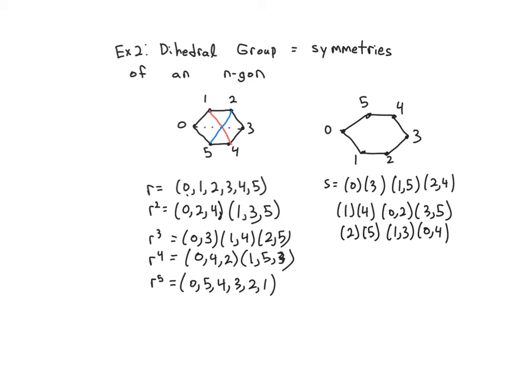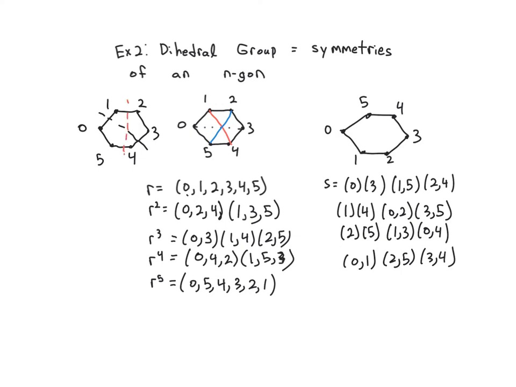Of course, those aren't the only types of diagonals. There's also diagonals across opposite edges that bisect the edge that we have to take into account. Namely, there's this diagonal that swaps 0 and 1, 2 and 5, and 3 and 4.